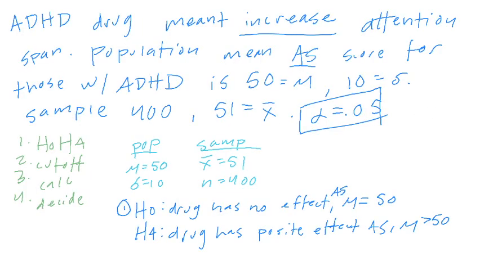So we come back over here, we would reject the null, and we would say that we have some evidence that the drug has a positive effect, even though there was only a 1 point difference. That's why variability is so very important. We have to include it in our calculations. So we would have evidence to suggest that this is true.